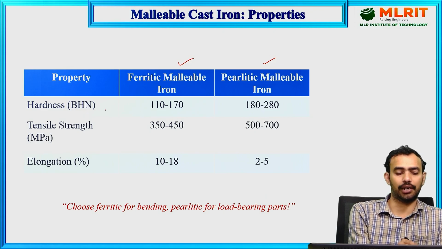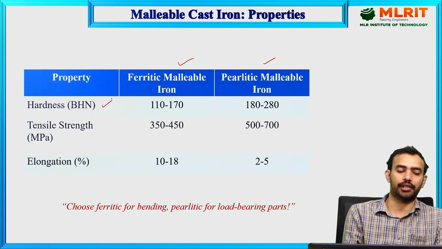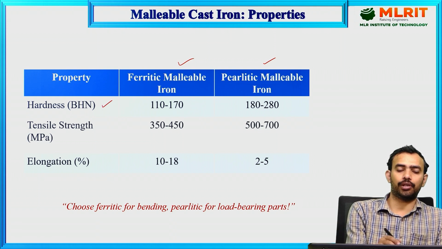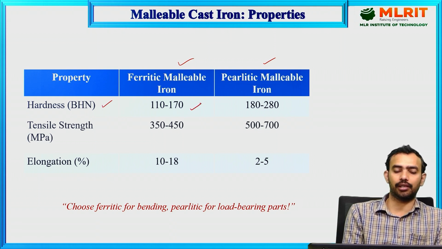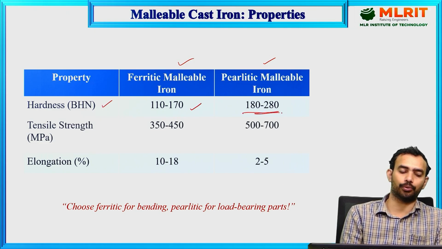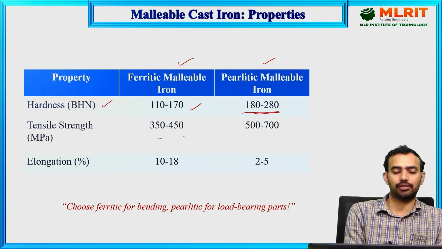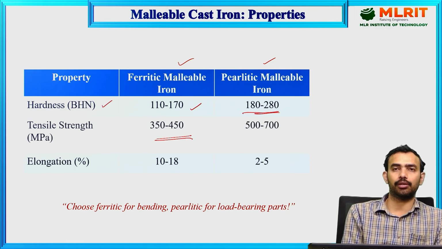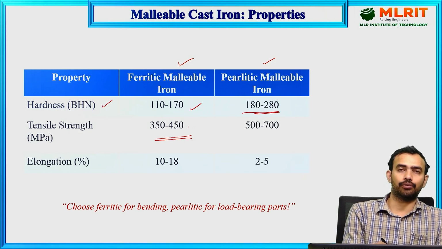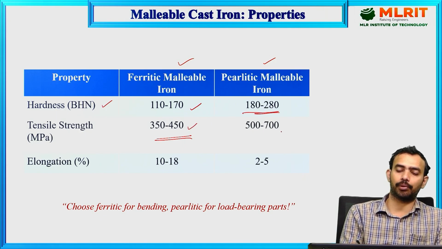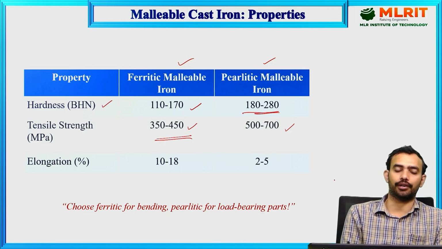So its hardness is dramatically reduced, where ferritic malleable iron ranges between 110 to 170 Brinell hardness number, and pearlitic is close to 180 to 280 BHN. Tensile strength is relatively better: 350 to 450 MPa, and in pearlitic malleable iron again 500 to 700.